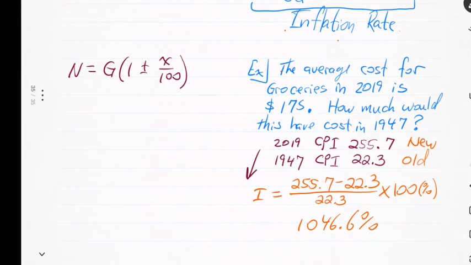So the new value we already know because $175 is today's money. So that would be the new one. 175 goes here. The old one is what I'm curious about. How much did groceries cost in 1947? 1 plus that inflation rate divided by 100.